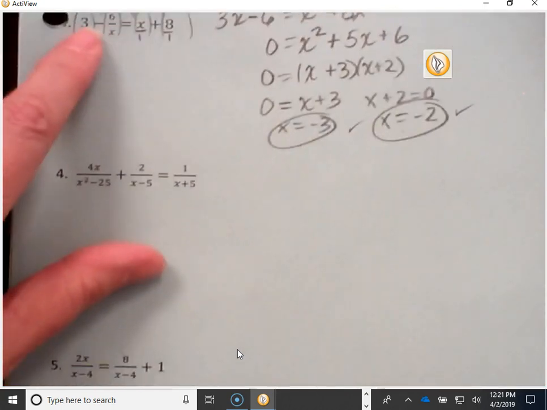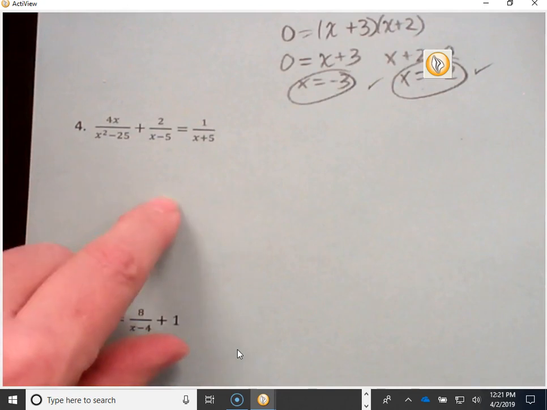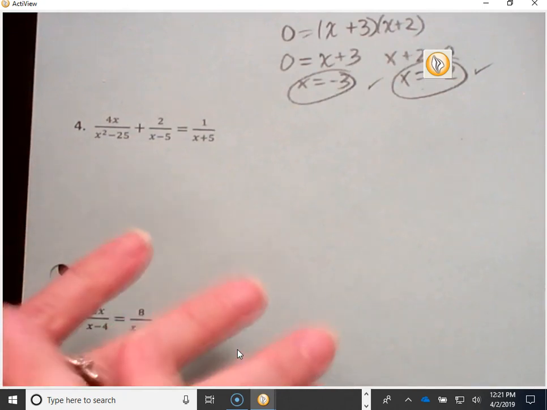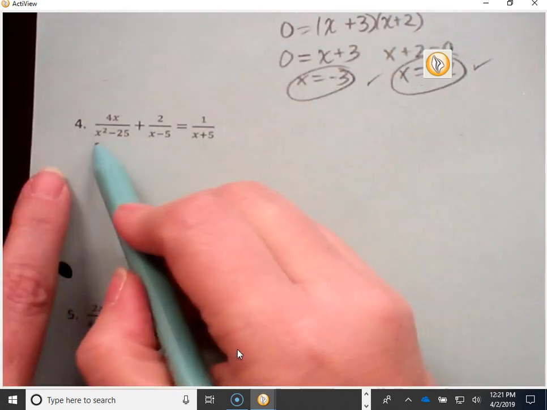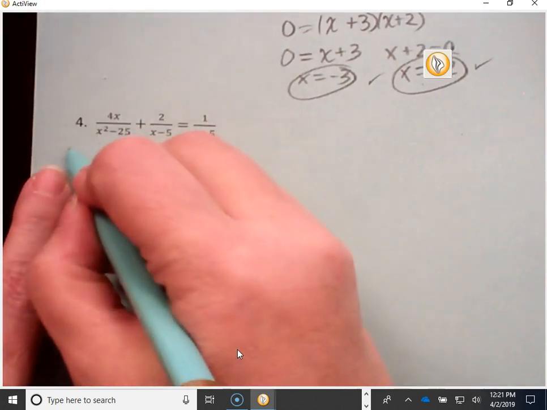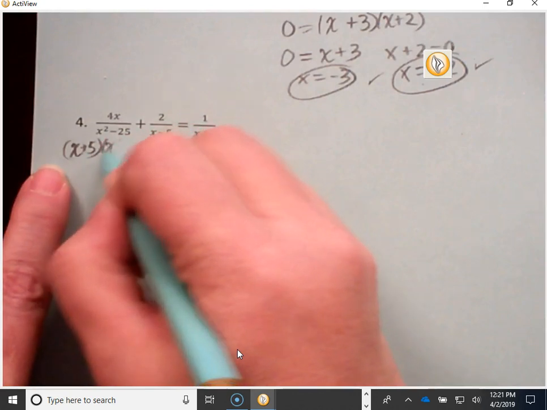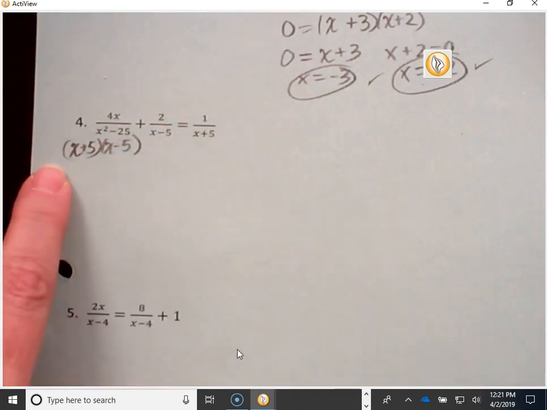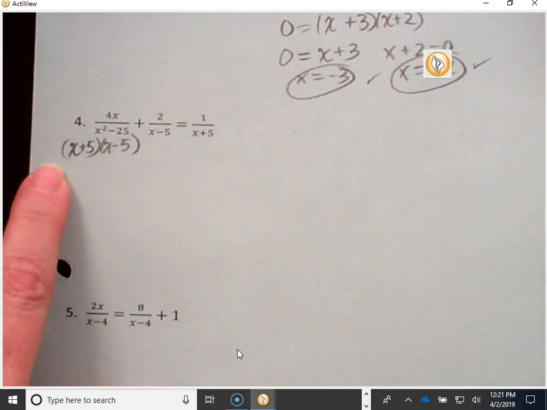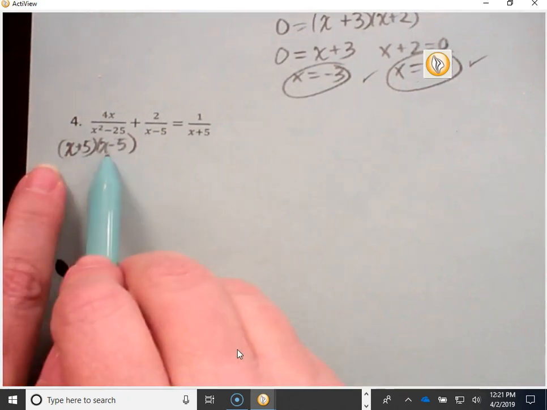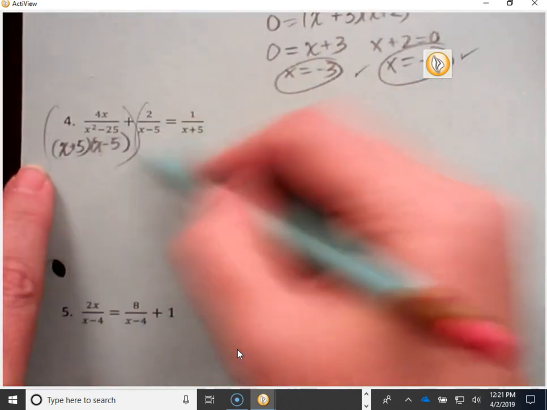Do the same thing for number 4. So for number 4, what we're going to do is factor as much as we can. So when we factor x squared minus 25, that factors into (x plus 5)(x minus 5). So what's our common denominator? Well, our common denominator is (x plus 5)(x minus 5). So we're going to multiply everything by that.